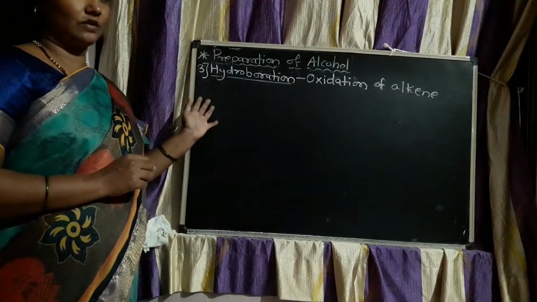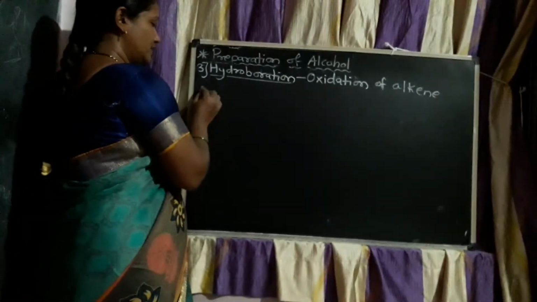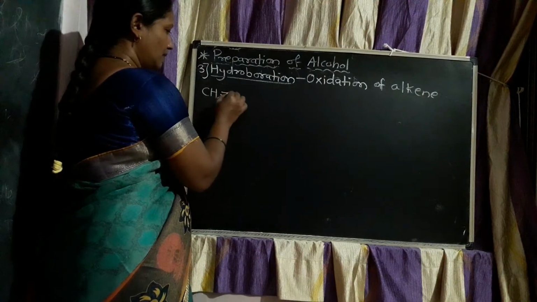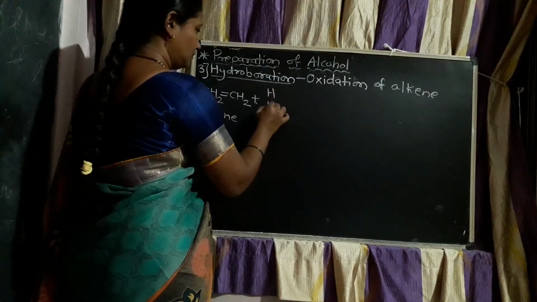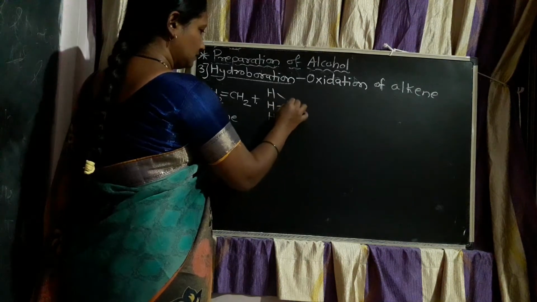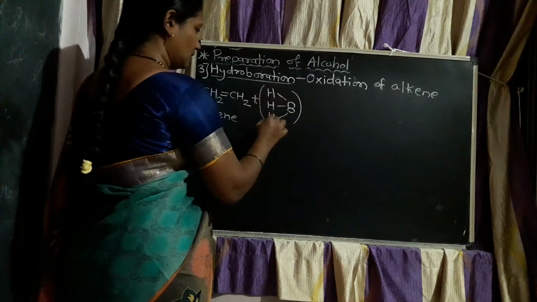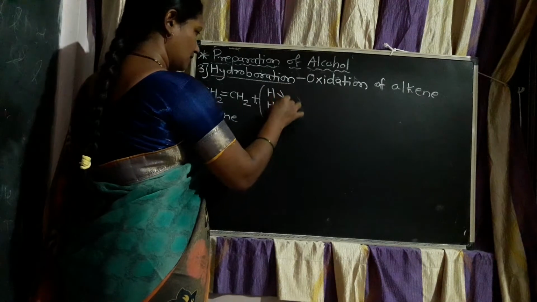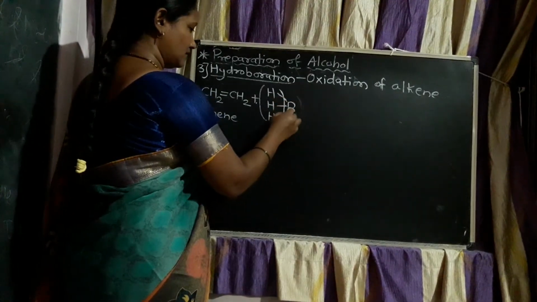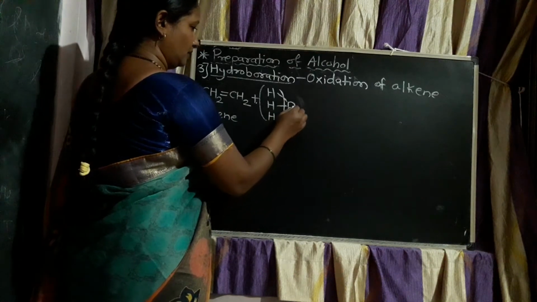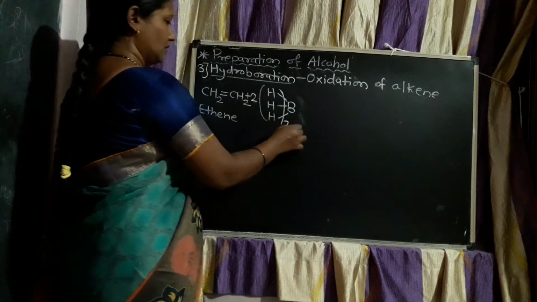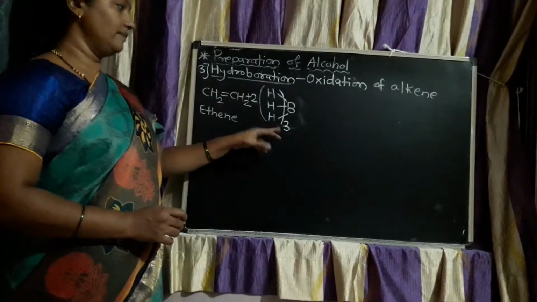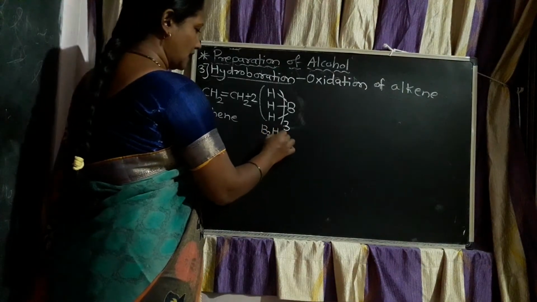Now we can see the reaction on the board. Alkene, first one, CH2 double bond CH2, this is the alkene, ethene, plus diborane B2H6. B2H6 means it is the hydroborane.